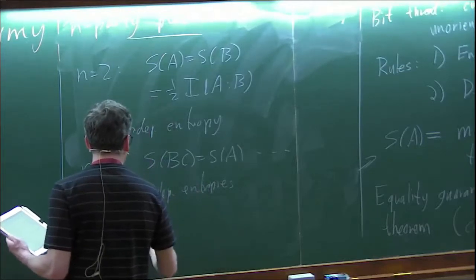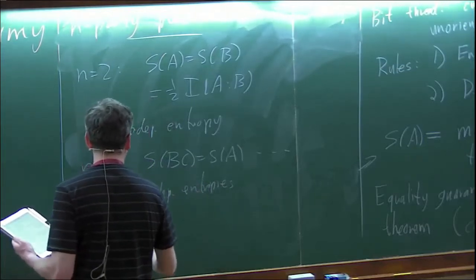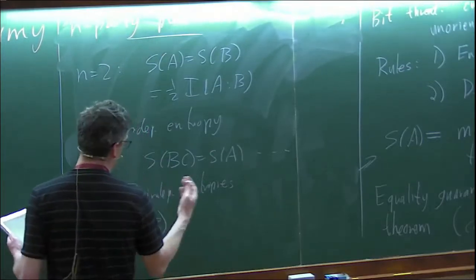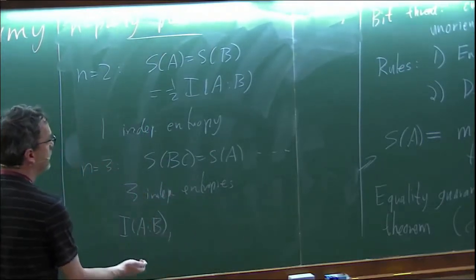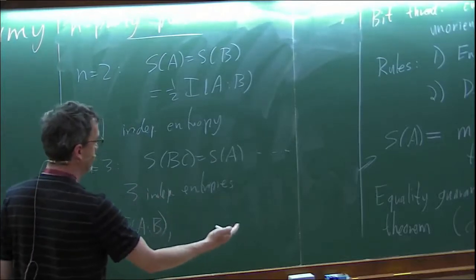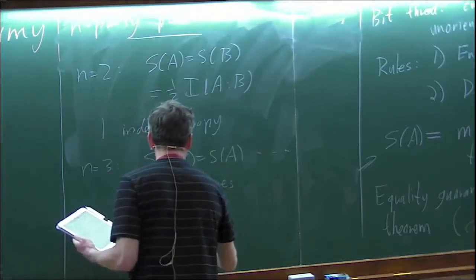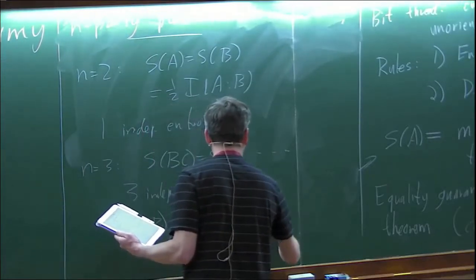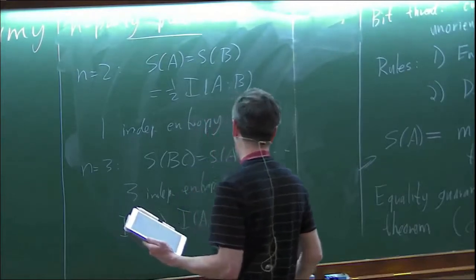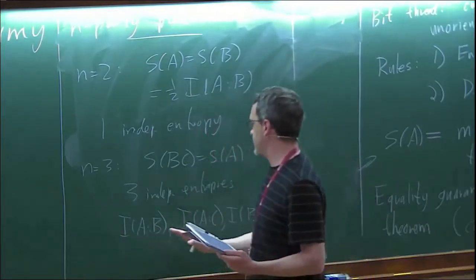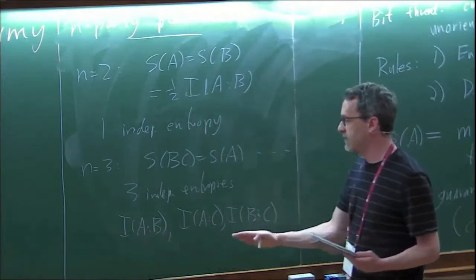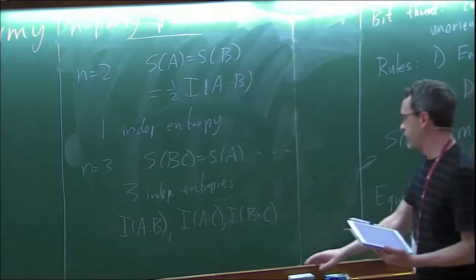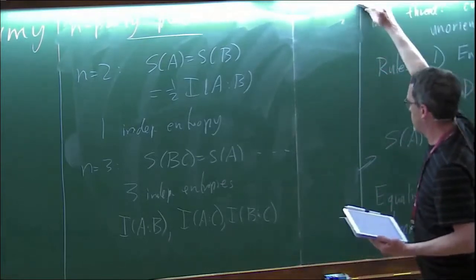A nice set of coordinates are the 3 mutual informations. You can use as coordinates on this cone either S of A, S of B, S of C, that's 3 good coordinates. Another set of coordinates which are linearly related are these, and these are nice because if you basically take these 3 to be non-negative, then you get a valid set of entropies. So you don't need to introduce any other inequalities.